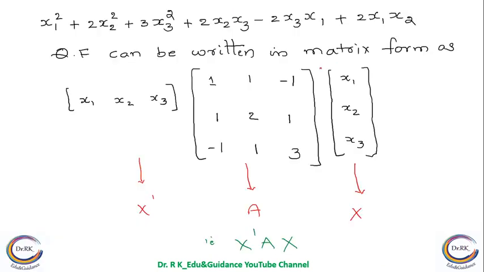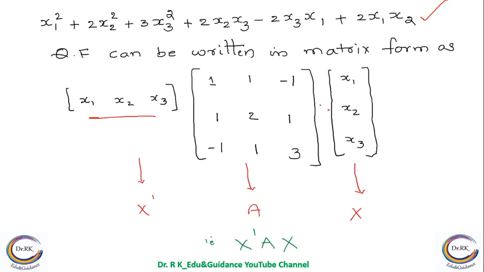So the first thing we have to do, whenever we see any expression, is validate whether it qualifies to be a quadratic form or not, like we discussed. Here validation is over. Then we have to represent this in matrix form as x transpose Ax, where x transpose is the row vector x1, x2, x3, since it consists of three variables.